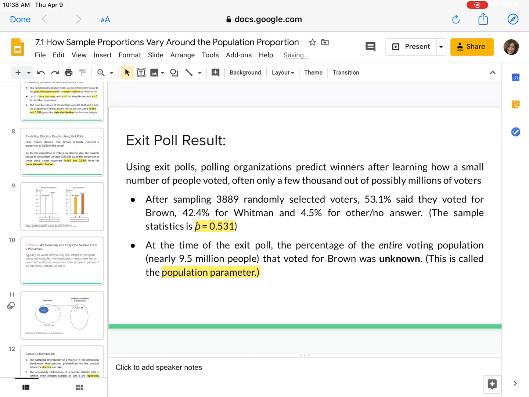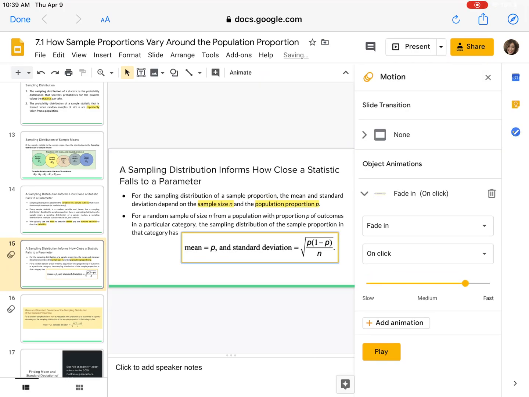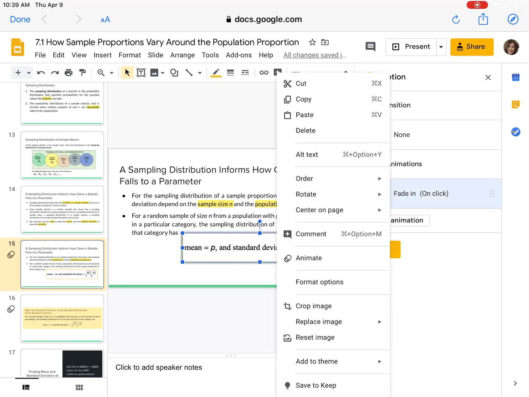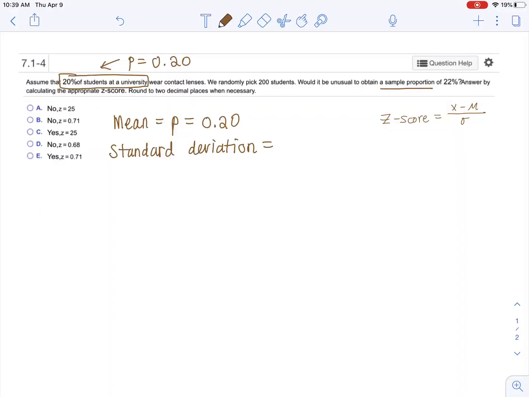So let me go find that formula with you real quick right here. So look, the mean is the proportion, the population proportion P right here. And the standard deviation is the square root of P times 1 minus P divided by N. So this is what I need. I wonder if I can copy this. Copy. See if that works. All right, I'm going to go back to my notepad and see if I can paste this over here.